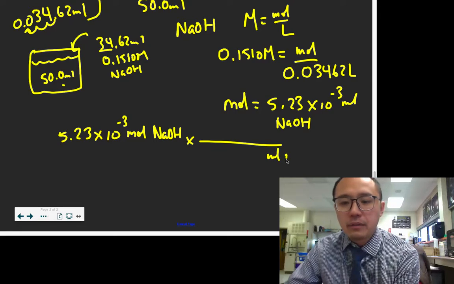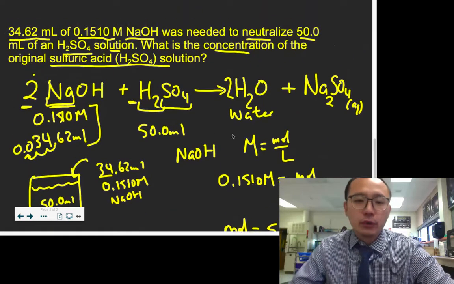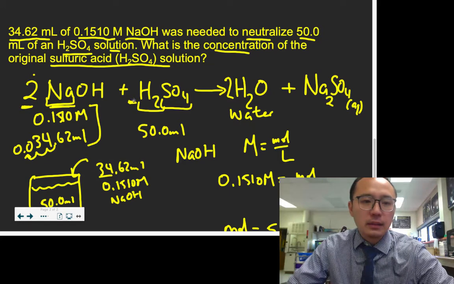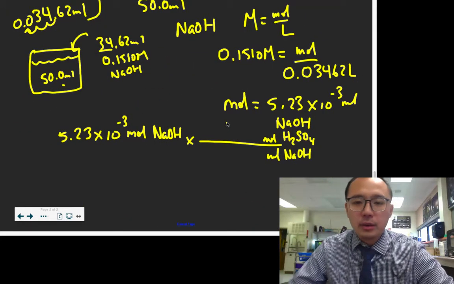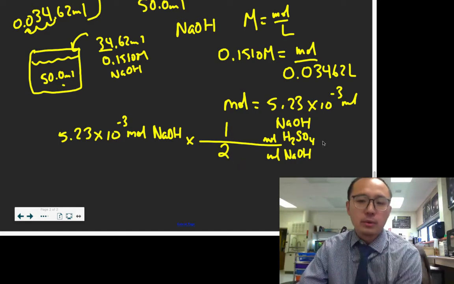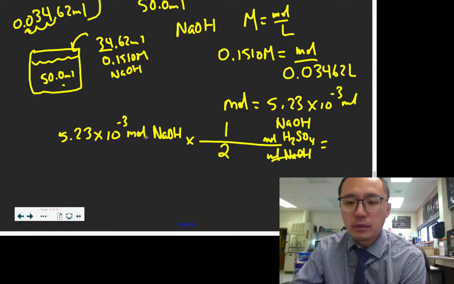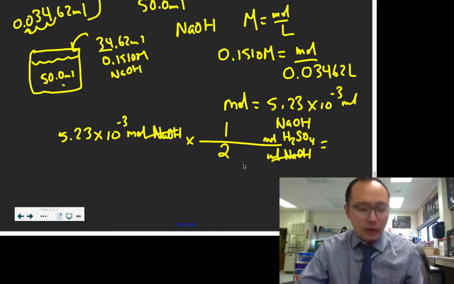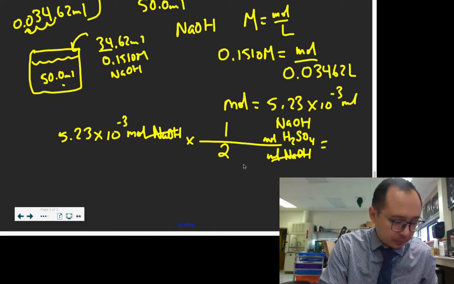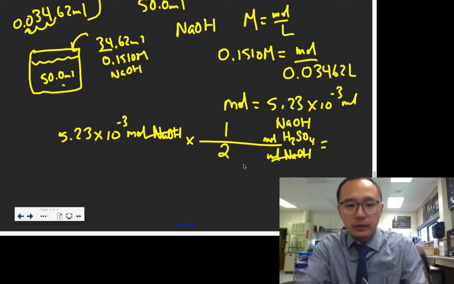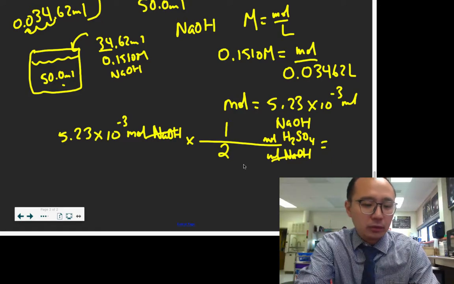Remember, I'm trying to find the moles of sulfuric acid, so I need moles of sulfuric acid at the top. I'm going to look at the molar ratios. It's a 2 and 1, so 1 mole of sulfuric acid reacts with 2 moles of NaOH. Moles of NaOH will cancel, and you're actually going to get a smaller number because you're basically dividing by 2.